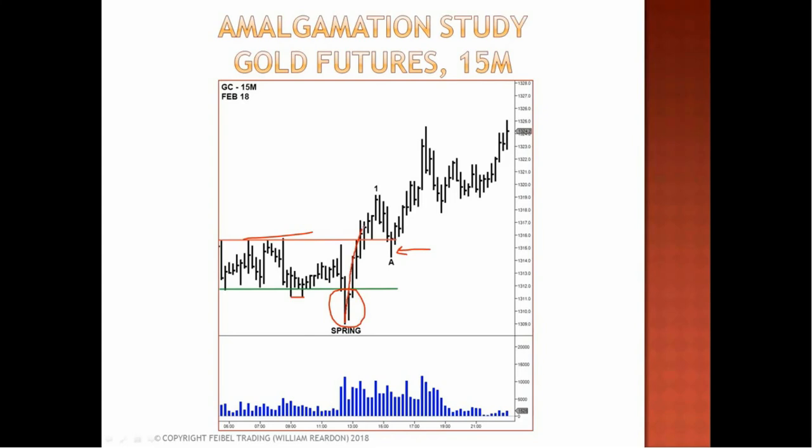It resolves itself with a brand new rally that breaks into new highs. So this we would call a new momentum high. Then it comes back to test our area of structure on this bar, which is also the backup to the edge of the creek. There is a lot more to this chart.